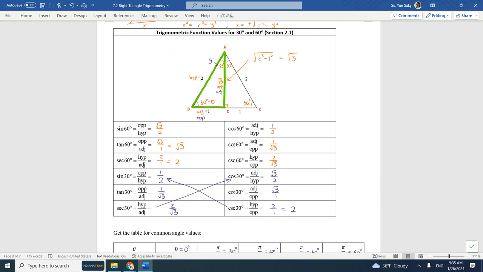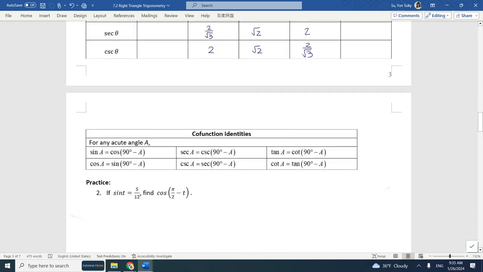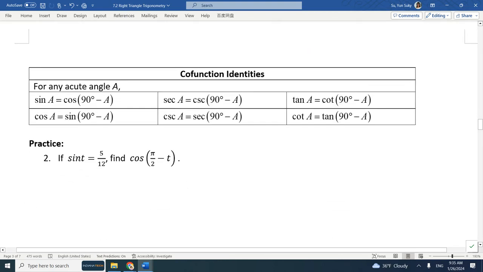So we can actually generalize this idea and get cofunction identities. For any acute angle A, sine A is equal to cosine of 90 degrees minus A. So therefore, sine 60 degrees is cosine 30 degrees.